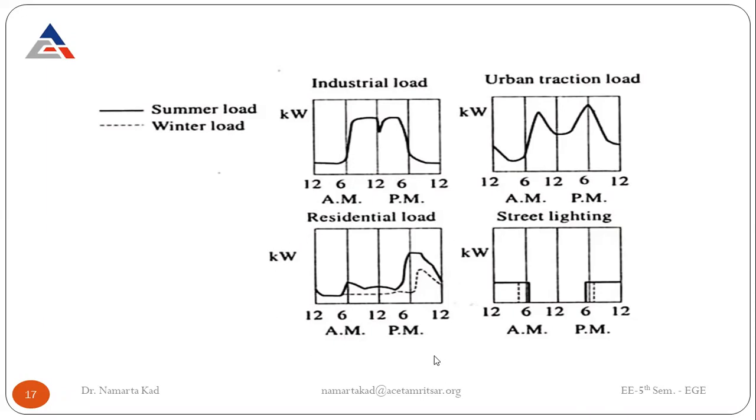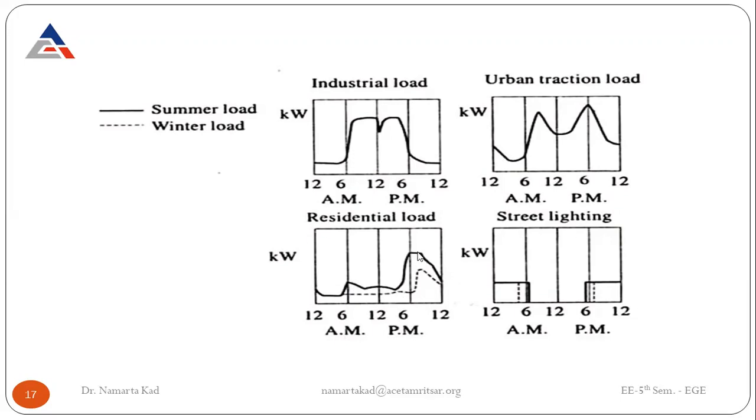Next, for the residential load area, again we know that during 12 to 6 everybody is sleeping. Around 6 a.m., all the activities in the houses start in the morning. So the load shows a little increase, then it stays constant, then around 6 to 7 p.m. lighting load is also switched on in our houses.